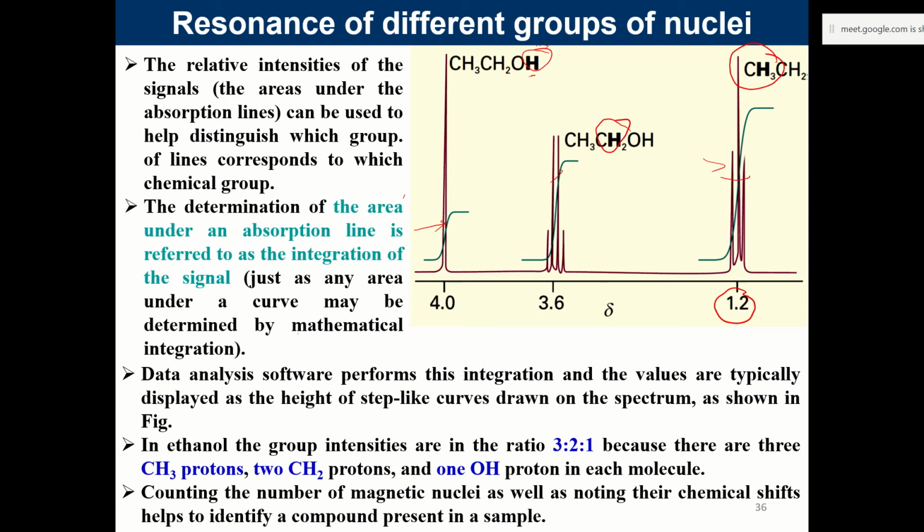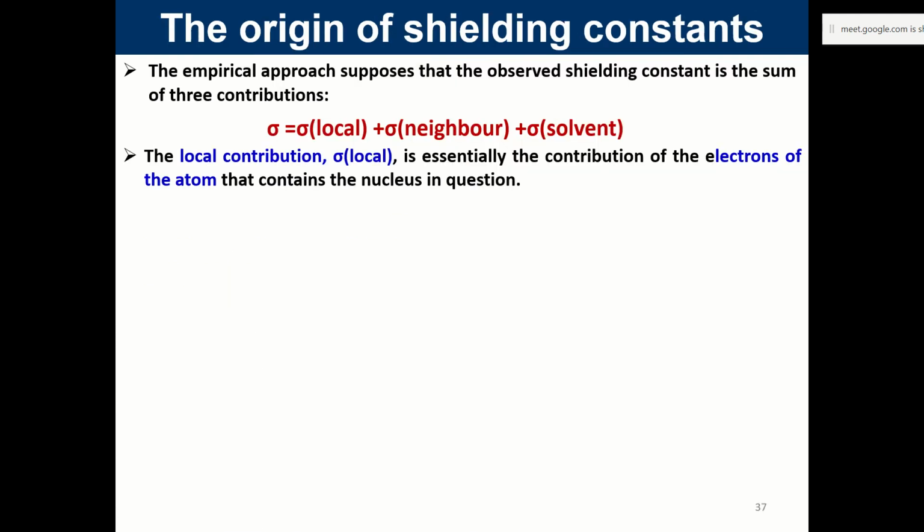If you have three protons of one type, you can expect a signal higher than that of one proton of another type. So the relative number of magnetic nuclei having the same environment is important, and that affects the signal.